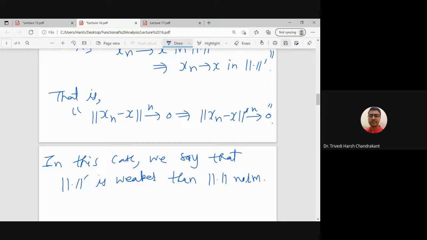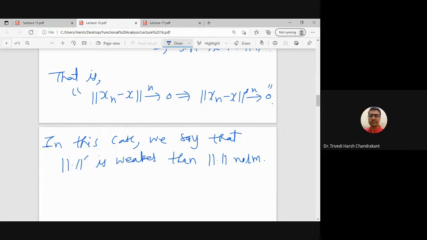The normed linear space is the same, the vector space is the same. We are just changing the norm: two norms on the same space. We can define two norms on the same vector space. Recall that we have defined the one norm, two norm, and infinity norm in R2, and in Rn also.